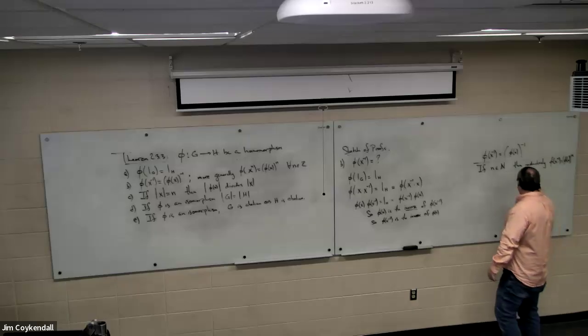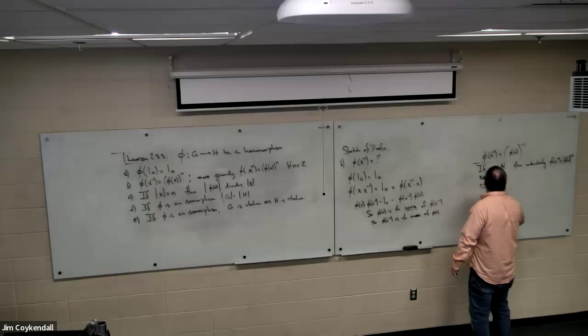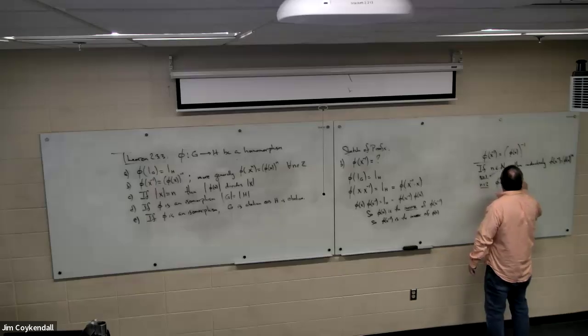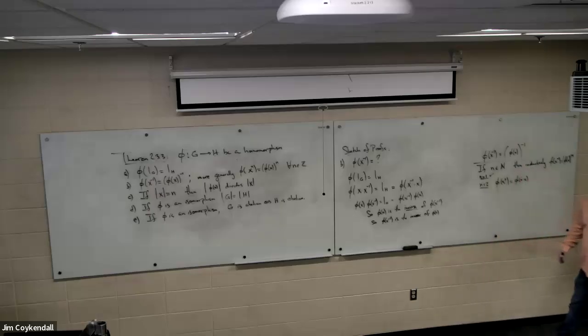This is certainly true for n equals 1. For n equals 2, you get phi of x squared is phi of x times x. And because this is a homomorphism, this is phi of x times phi of x, which I can write as phi of x squared. So there's two base cases for you.